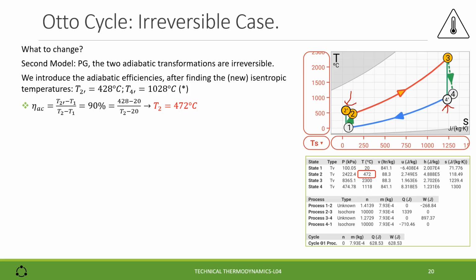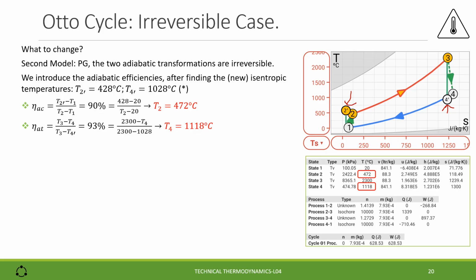Replacing the corresponding temperatures, we find for T2 the value of 472 degrees. The efficiency of the expansion transformation is, by definition, T3 minus T4 divided by T3 minus T4', and this assumes the value of 93% is our choice.